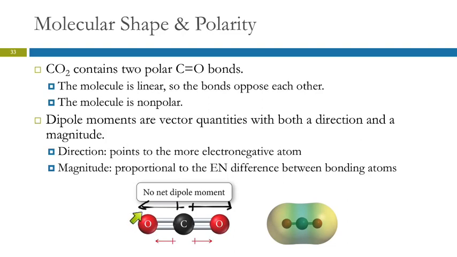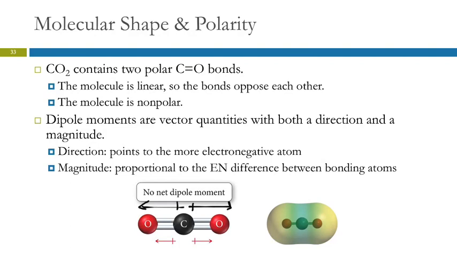If you imagine that these oxygens are playing tug-of-war and the carbon is in the center of the rope, these oxygen atoms are the same. They're equal strength, equal electronegativity. So as they're pulling on the rope in opposite directions, is the rope going to move? No. They're at a draw, right?